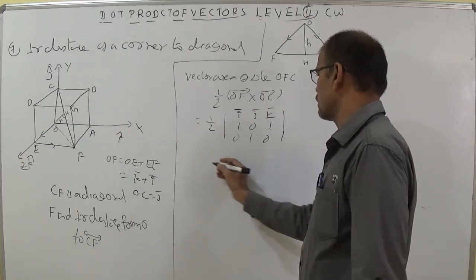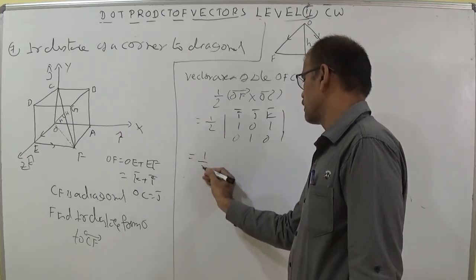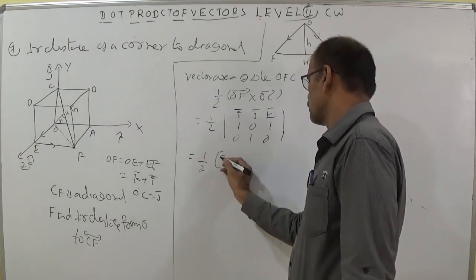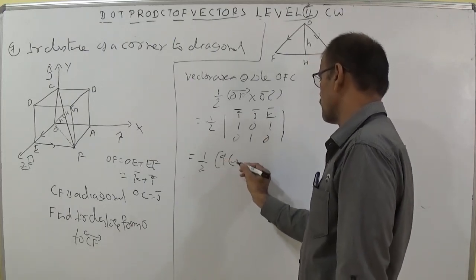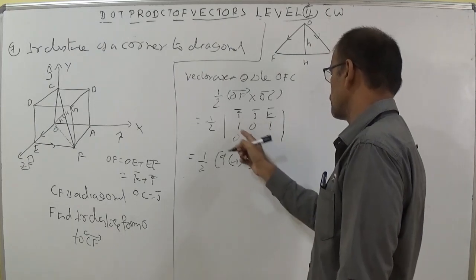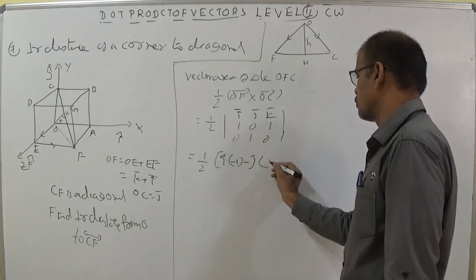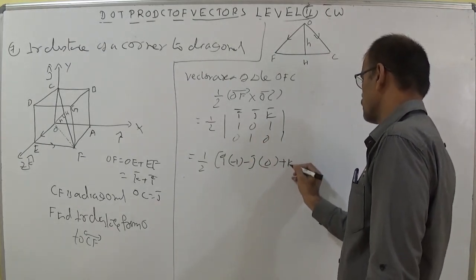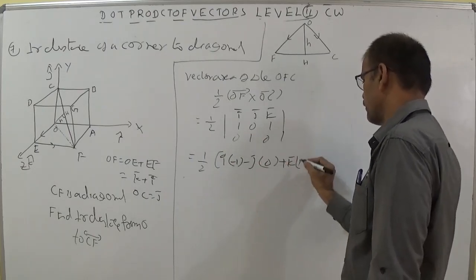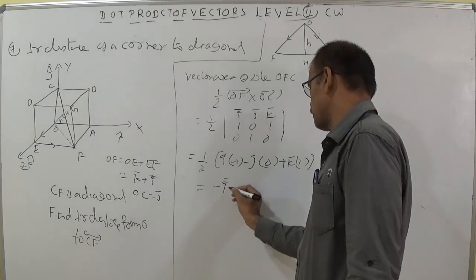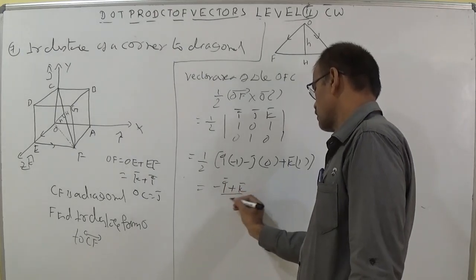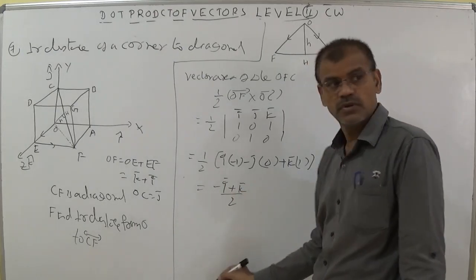You calculate the value. You will be getting half into i bar into 0 minus 1, minus j into 0 minus 0, no need to write, plus k bar into 1. So you got the value as minus i plus k whole by 2.